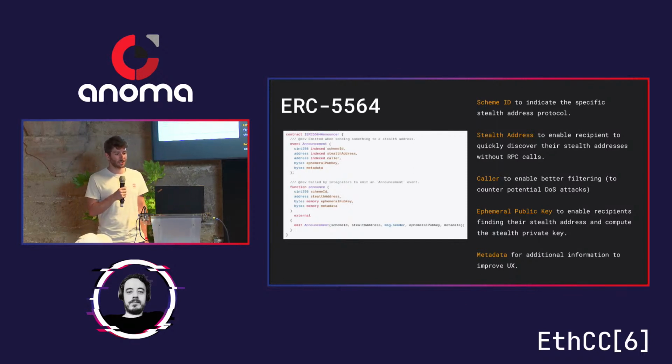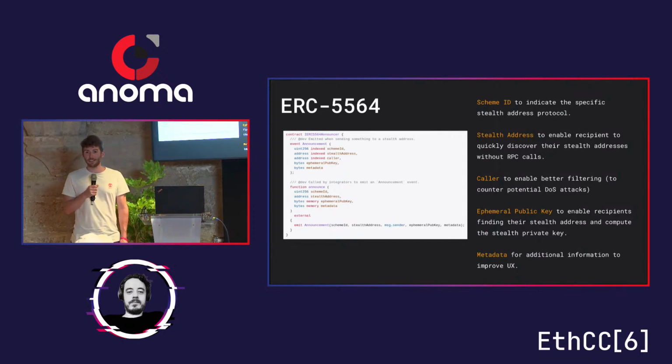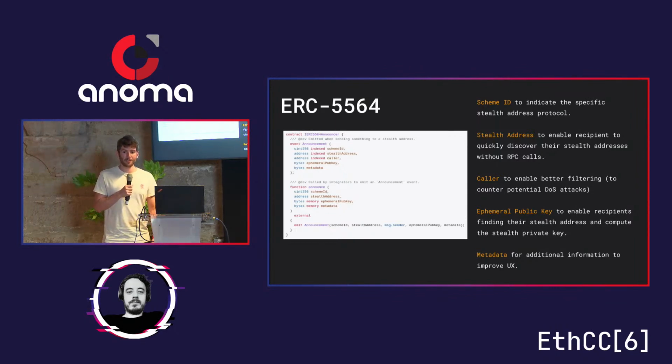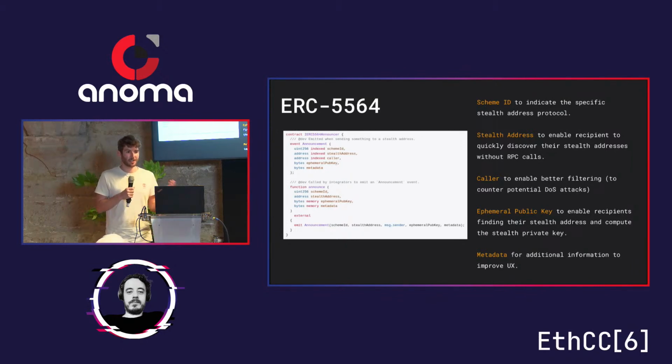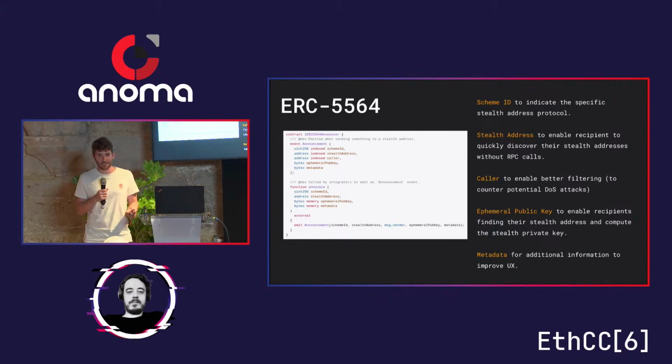Then there are some additional parameters in that event. You can see we have the stealth address itself in the event. This is very handy to not force the recipient to do any additional RPC calls. Then there is the caller in the event, which is used to have some anti-DoS attack filtering enabled, because of course you offload some computations to the recipient side which are not priced in with gas, right?